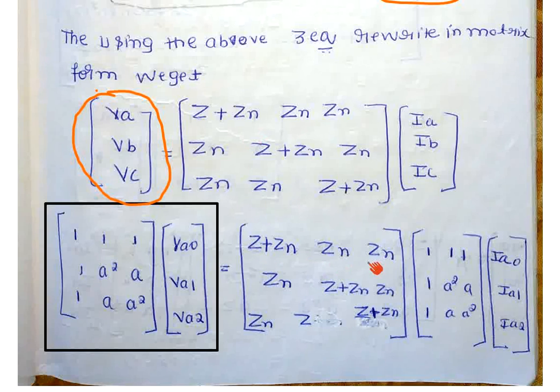Z plus Zn, Zn, Zn, the same matrix, is common. Here again IA, IB, IC. I will write my line currents in terms of symmetrical components.